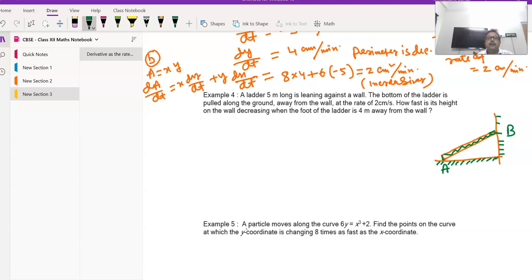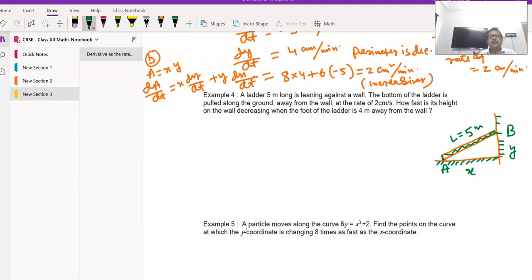Now, the bottom of the ladder is at x, and the height is y. By your process, you have started pulling it down. The length of the ladder will not change. This L remains 5 meter forever. All of you understand?